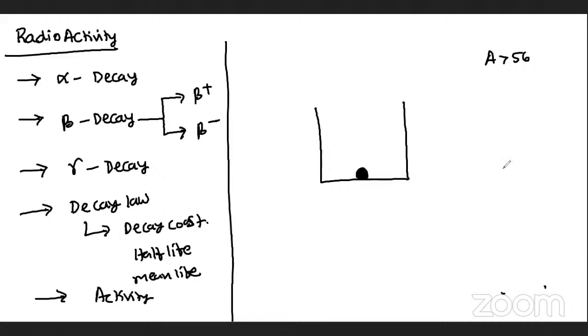So suppose we consider uranium, 92U235, a heavy nucleus.